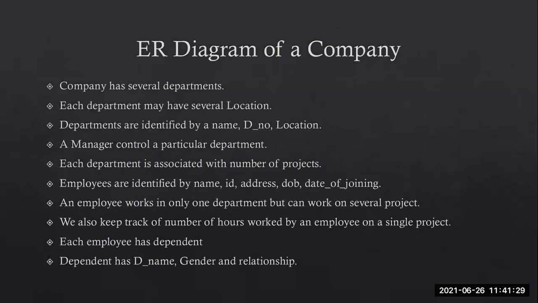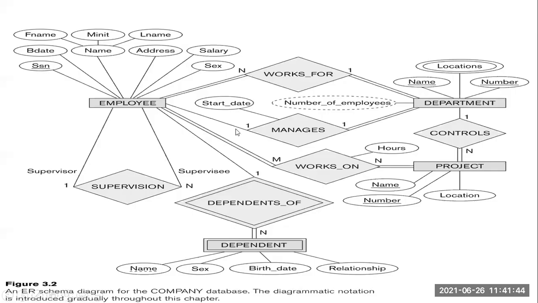Each employee has a dependent for the purpose of insurance, and the dependent has a dependent name, gender and relationship. So, as for the question asked in the last class, the ER diagram tables: you had told me the different entities or tables are employee, department, project, and dependent.